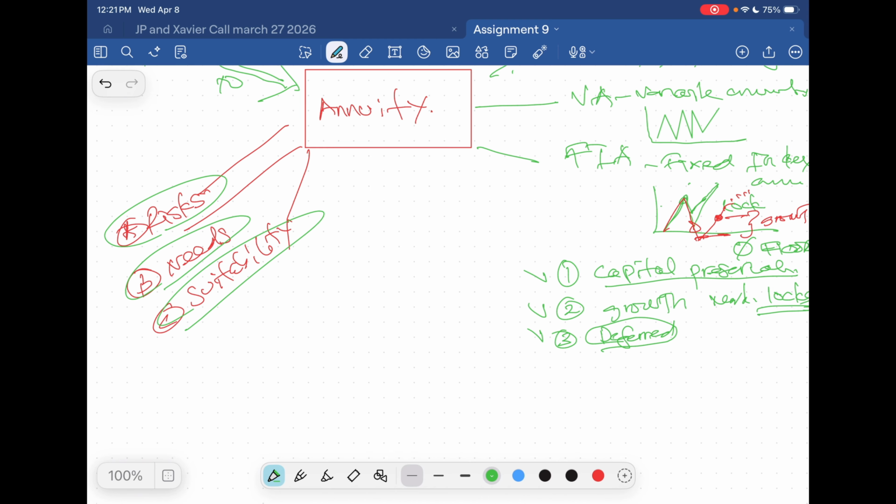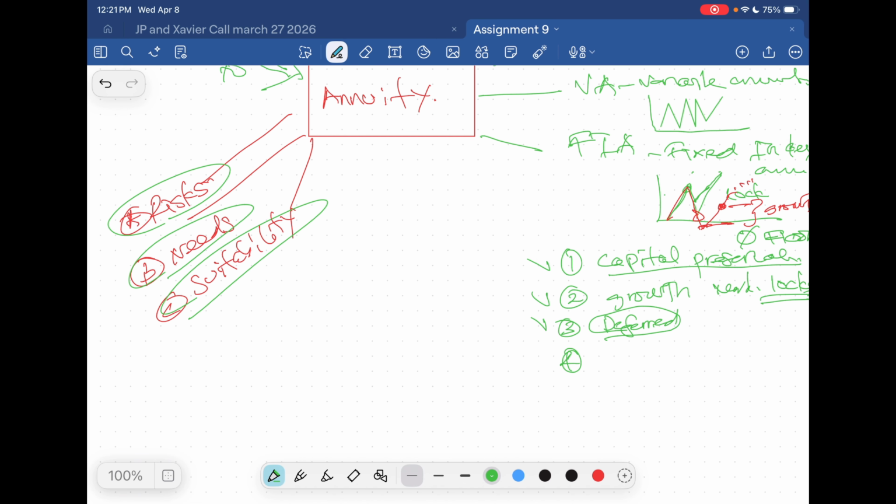Okay. And then the number 4th, a lot of times I want to talk about the fact that some of them are no fee or zero fees or a small fee. There are no fee products and small fee products as well.